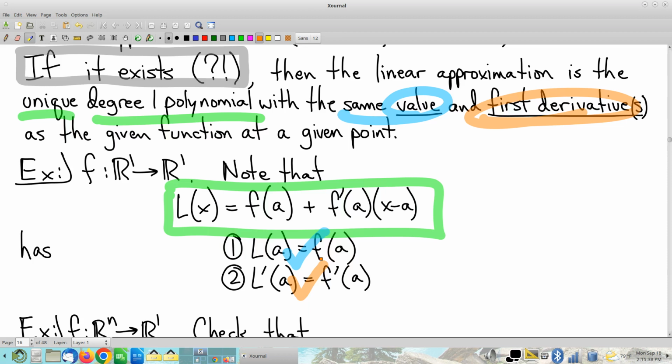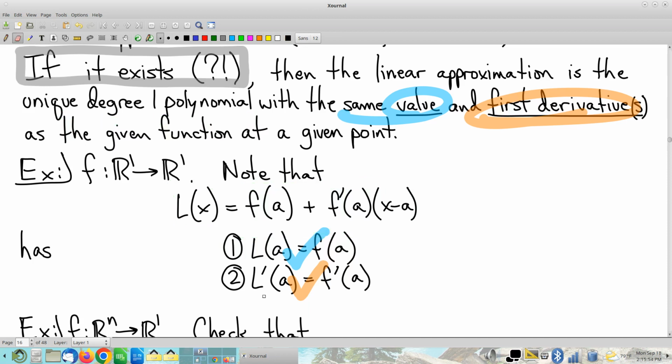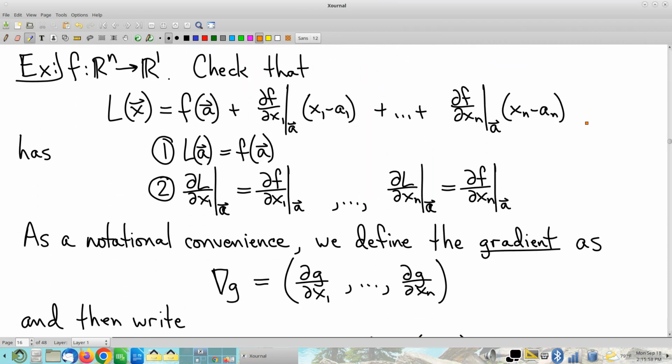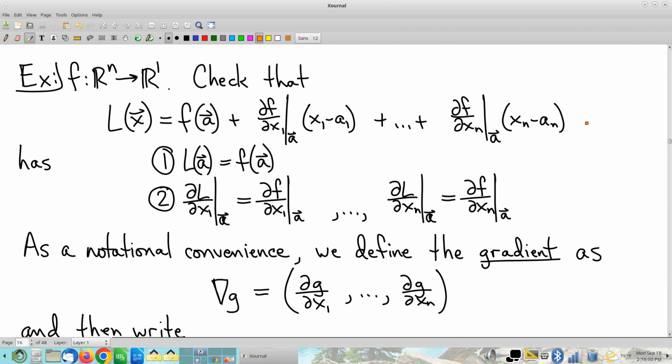Notice that you get the same first derivative as f at that point a. So make sure you can do that. Again, as usual, if you have trouble, come to office hours. Happy to talk you through it. We're going to just rip off this idea for a multivariable answer to this question.